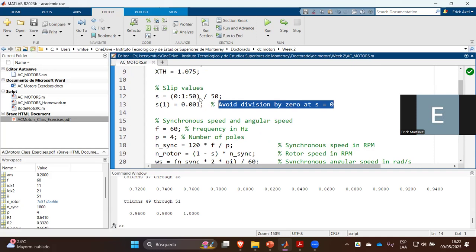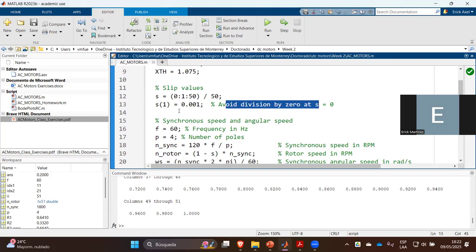And here I am generating a vector of 15 values with different values of slip that go from 0 to 1. I am only changing the first value of the slip in order to avoid division by 0.